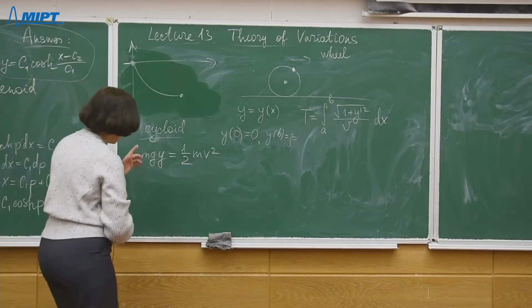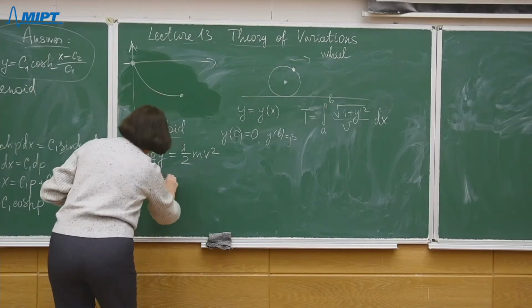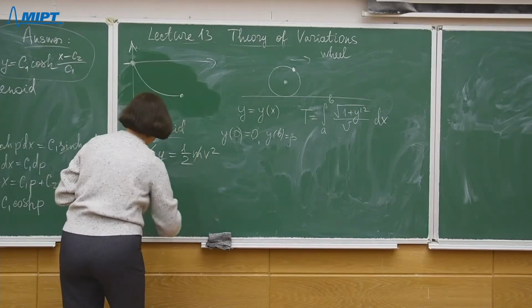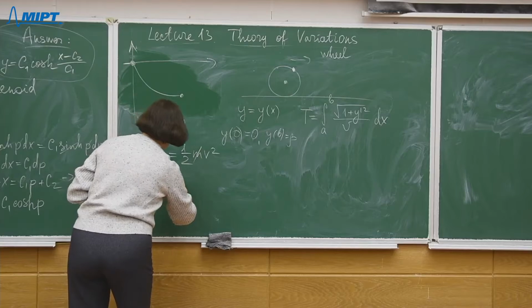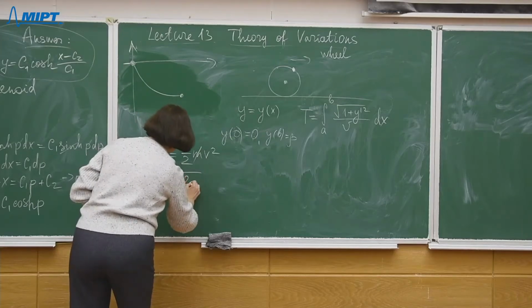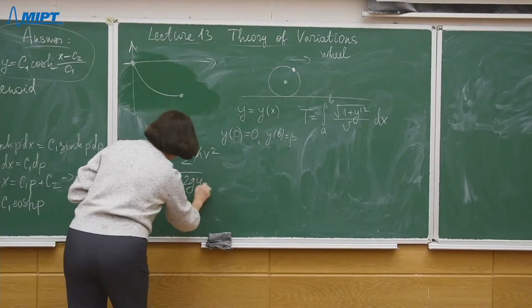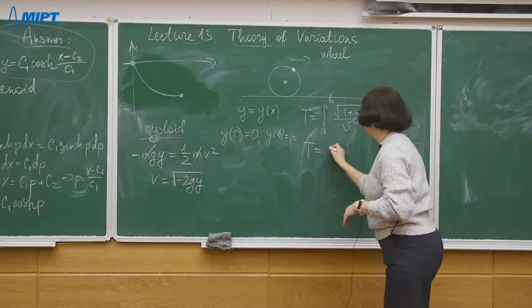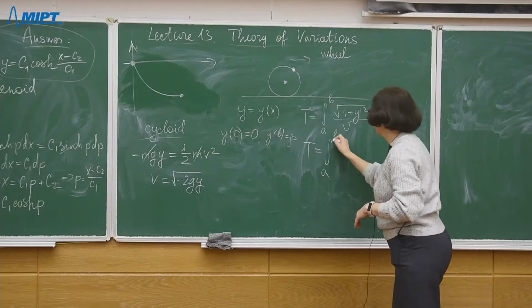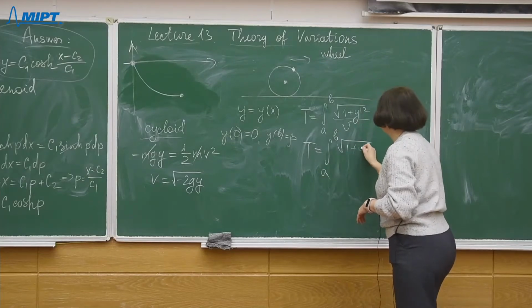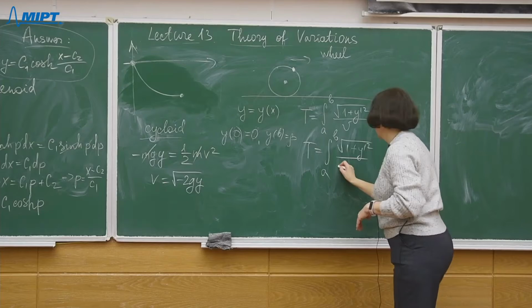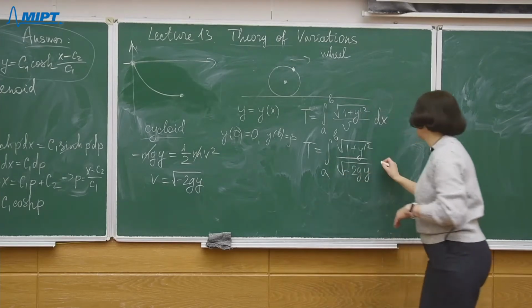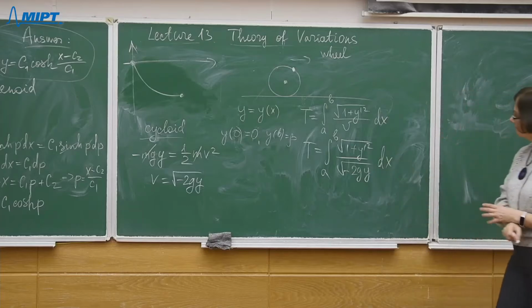Now the formula for v, if we eliminate m, will be root of minus 2gy. And so t will be given by this formula, 1 over root of minus 2gy, dx.